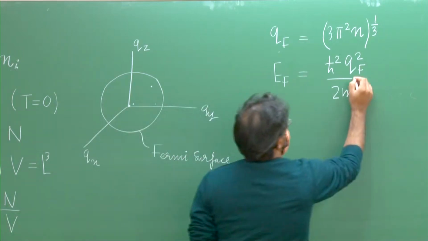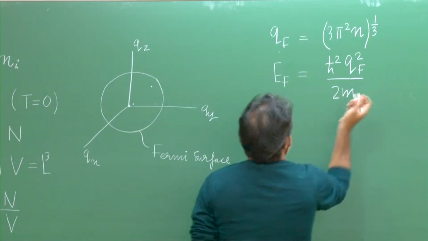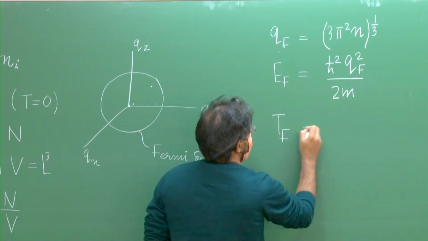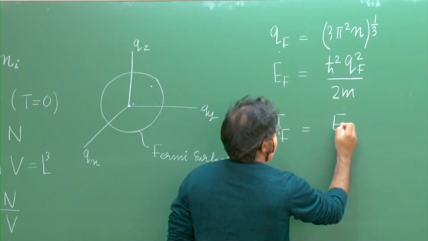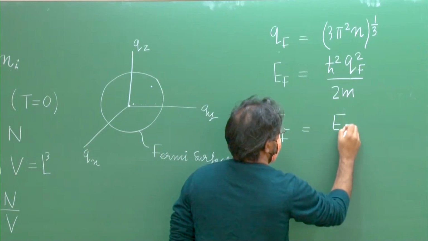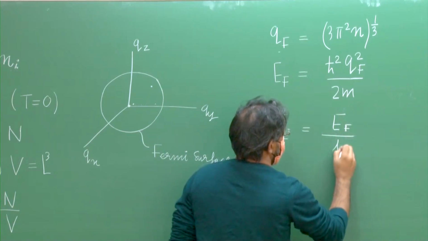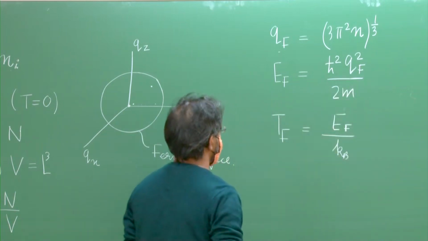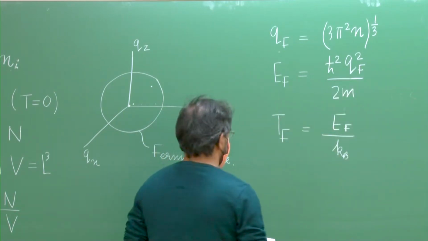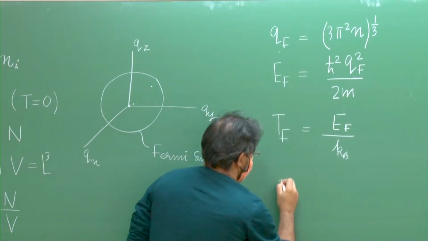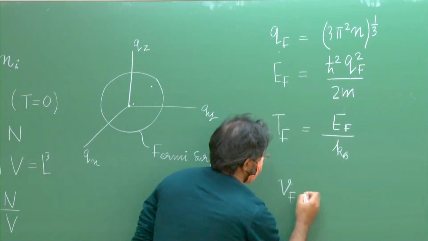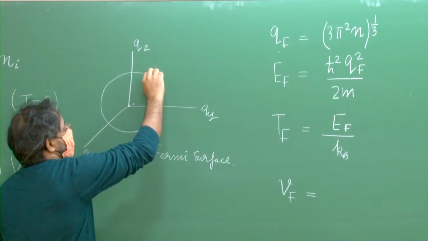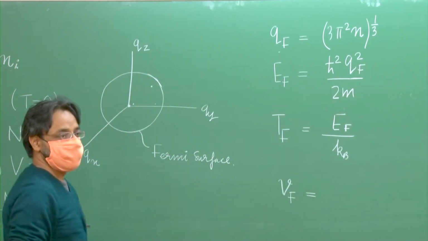Once you know the Fermi energy, you can estimate what is known as the Fermi temperature, TF, which is nothing but EF divided by kB. Okay, so you can just plug in, and then you can also get vF, which is the Fermi velocity, the velocity of electrons located at the Fermi energy.